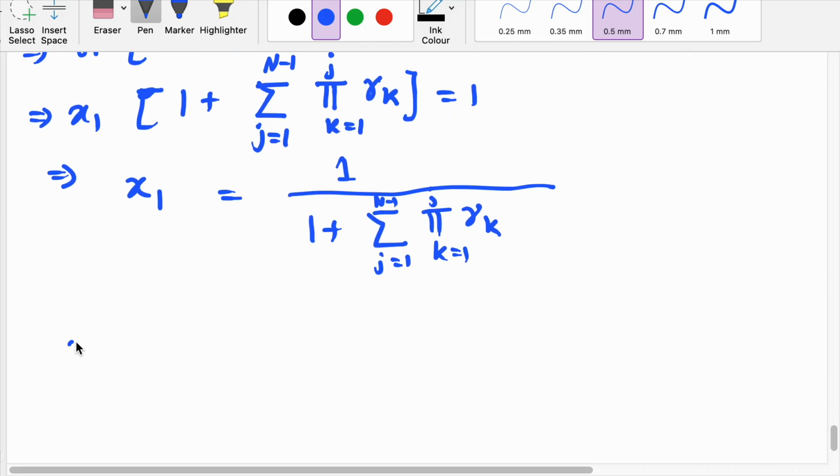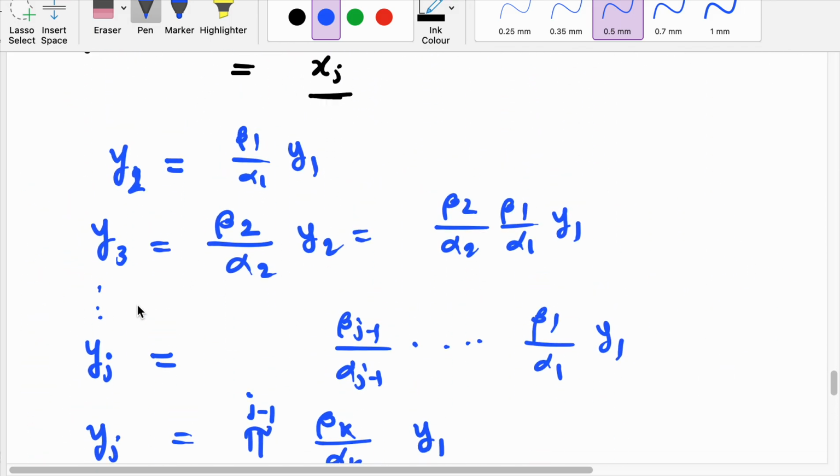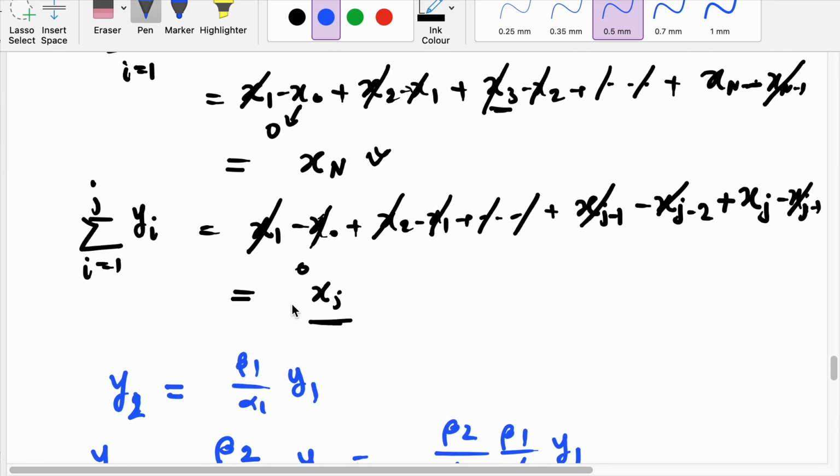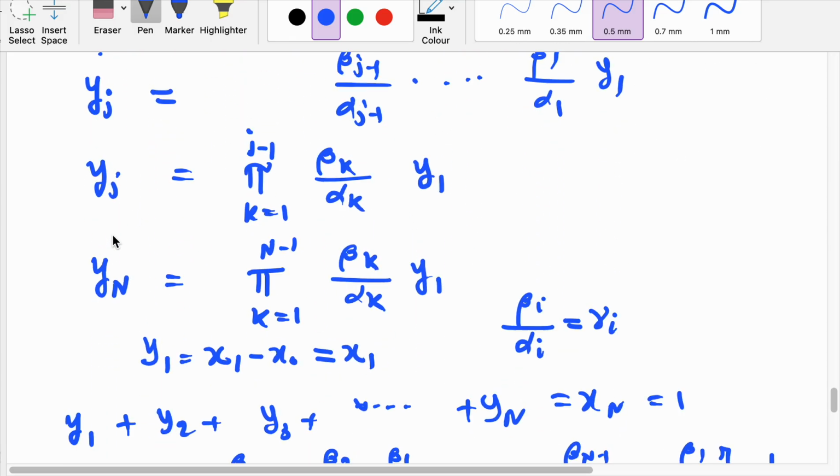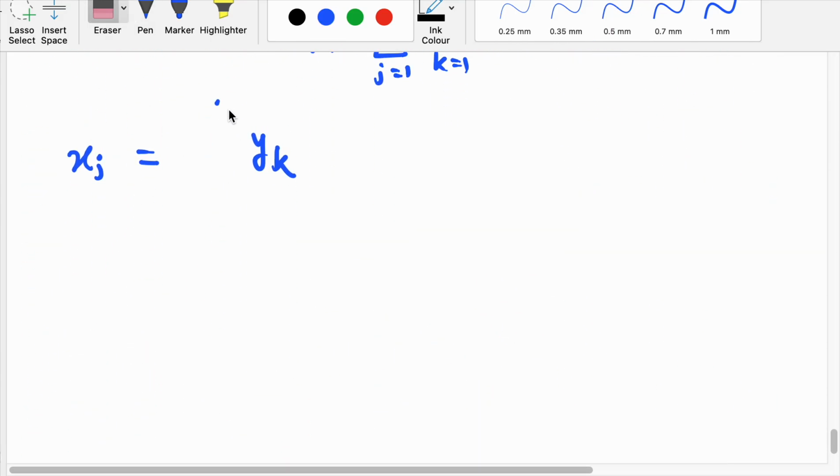Now what will be the value of xj? We know that xj is the sum over the first j terms, that is, the summation over k equal to 1 to j of yk.